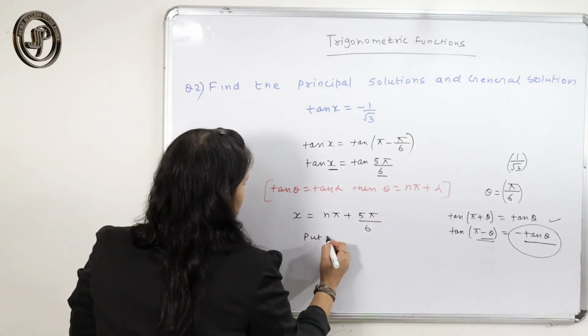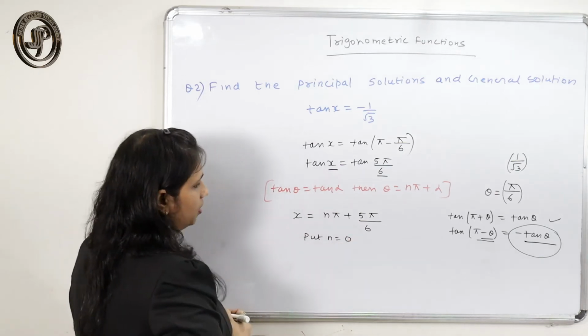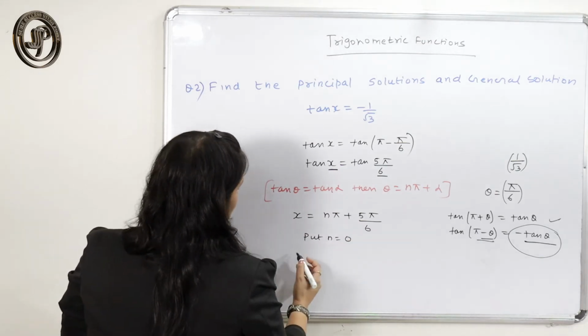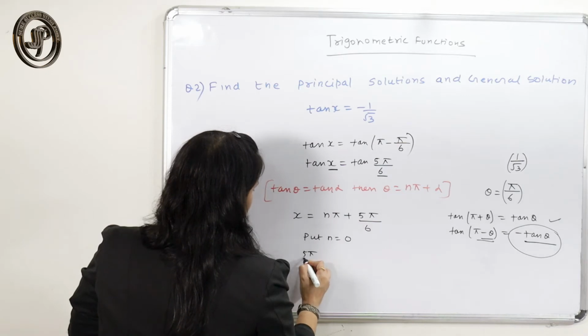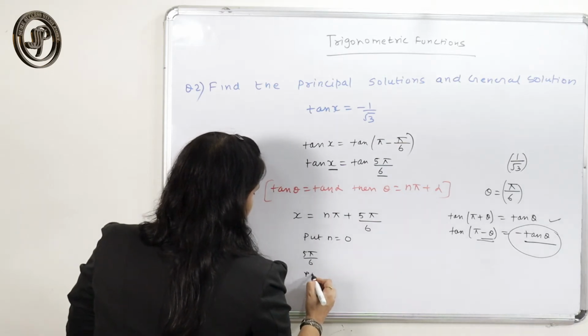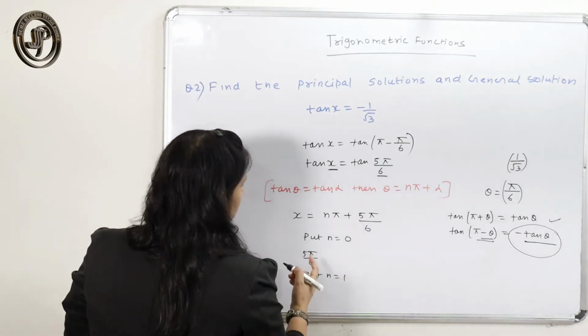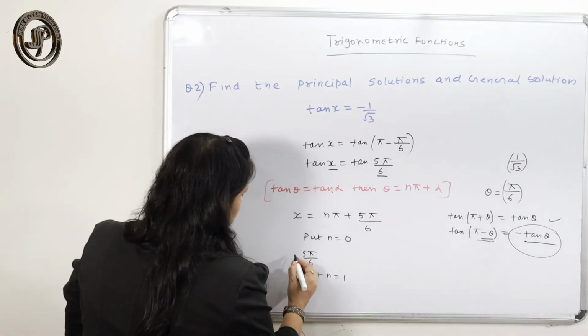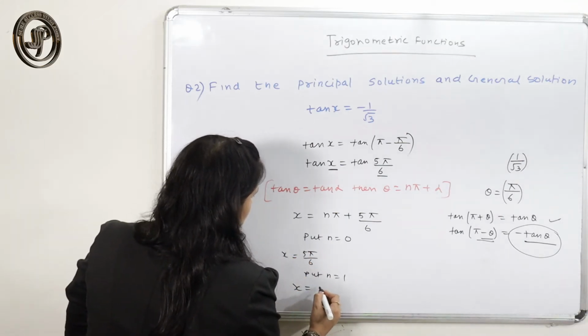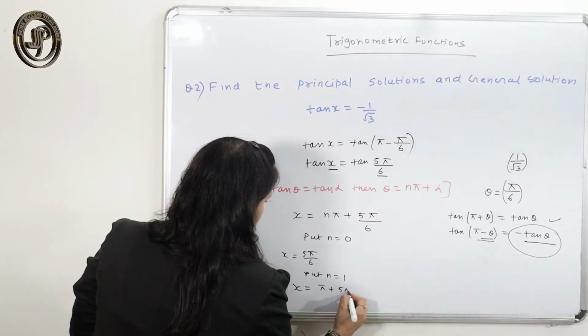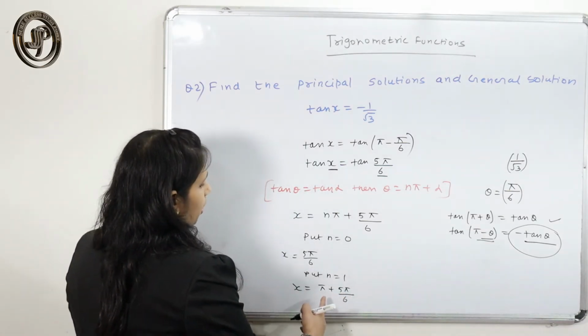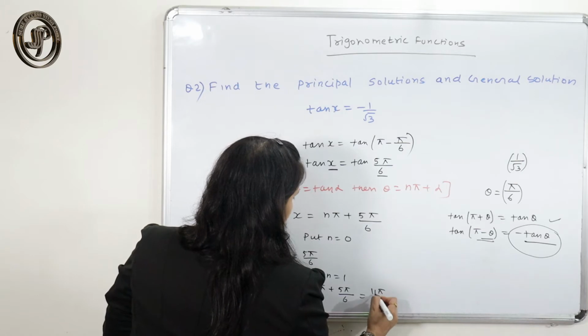If I put n equals 0, then my answer will be 5 pi by 6. If I put n equals 1, x will be how much? Pi plus 5 pi by 6, that is how much? 11 pi by 6.